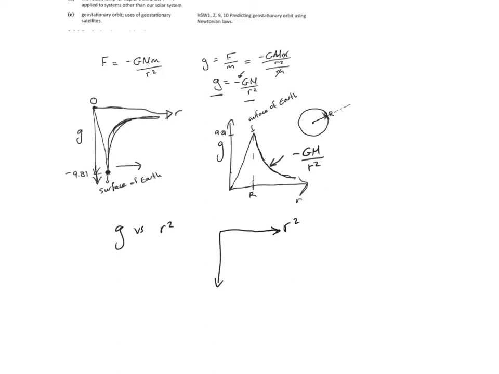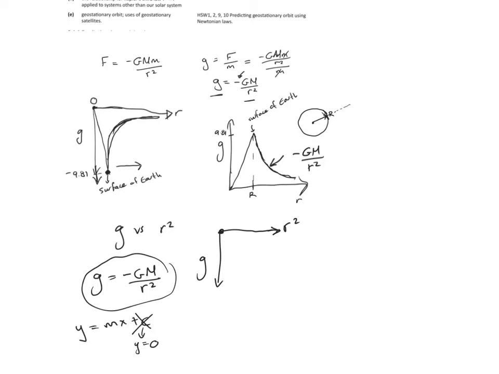you have r squared against g. That will give you a straight line going through the origin because g is minus GM over r squared. So if y equals mx plus c is my straight line equation, in this expression there is no plus adding a y-intercept, so the y-intercept is 0.